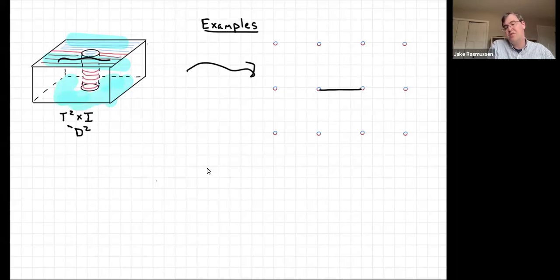So we're in the situation that we can talk about here and draw pictures of. It turns out that the invariant for this manifold is really just a line segment between two of these punctures. Now the covering space that we're thinking about is the universal abelian cover of the punctured torus. So we get R2 minus a lattice of puncture points.